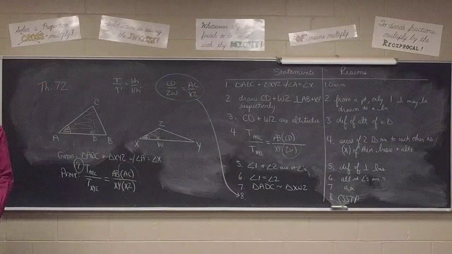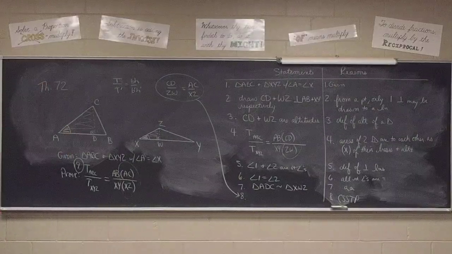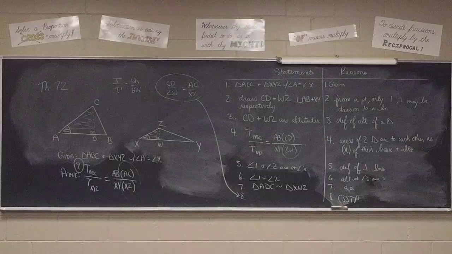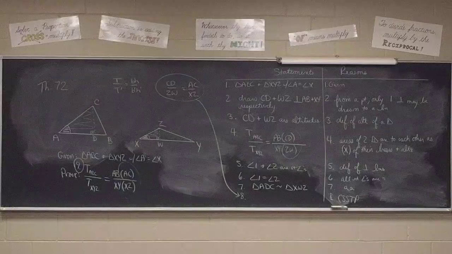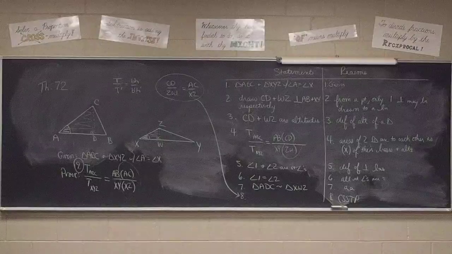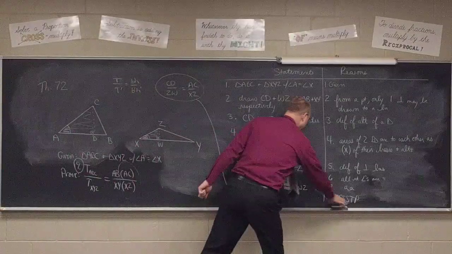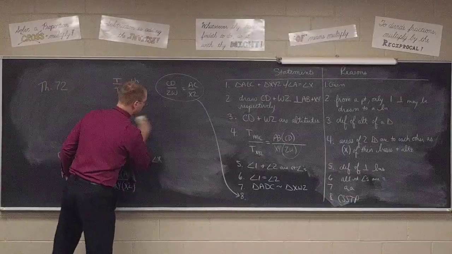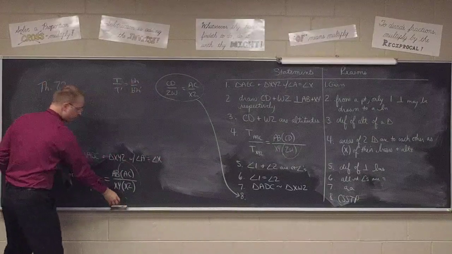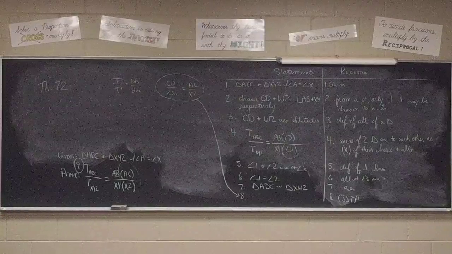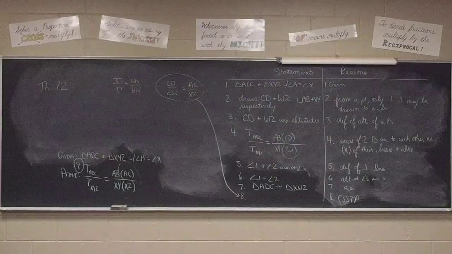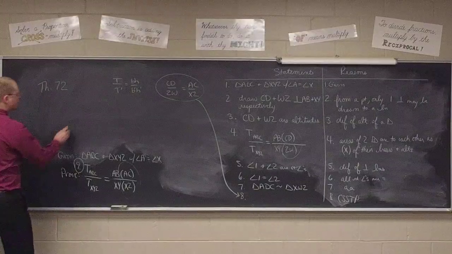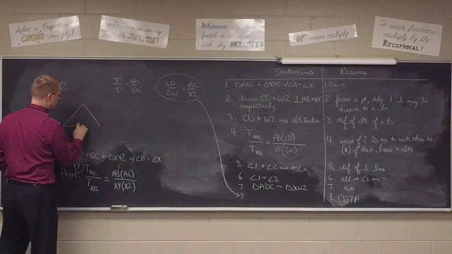Theorem 73 says this: the areas of two similar triangles are to each other as the squares of any two corresponding sides.